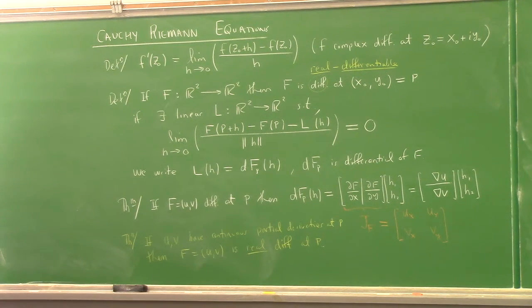This requires about a half hour in advanced calculus to prove carefully. It has to do with the mean value theorem and a particular little argument, and I usually prove it for n dimensions. In 2 dimensions it would be a little quicker, but anyway, these are things we have to work with.